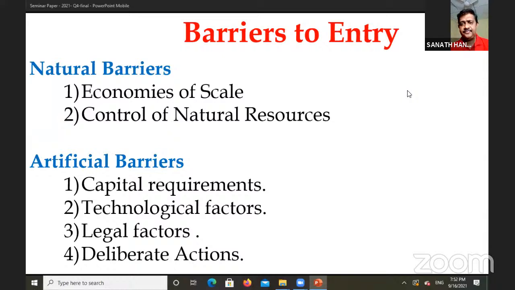However, there can be monopoly markets even in a market economic system.